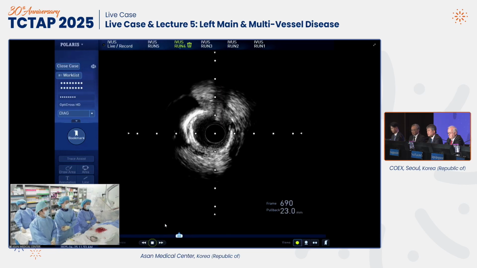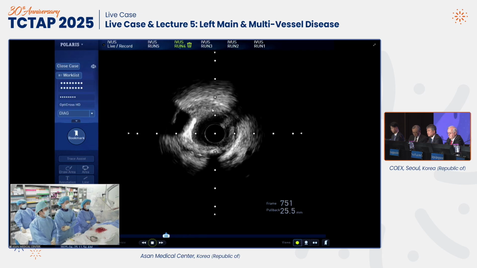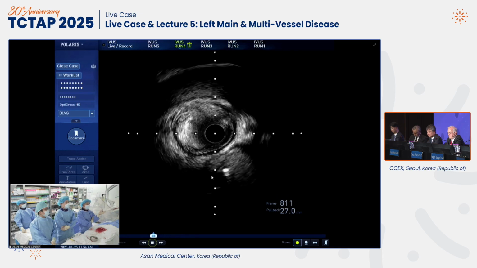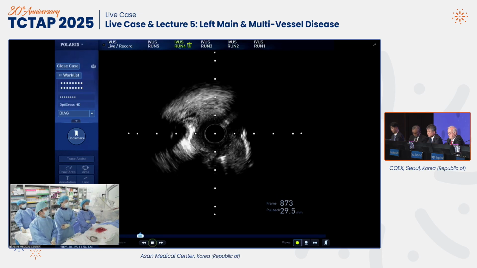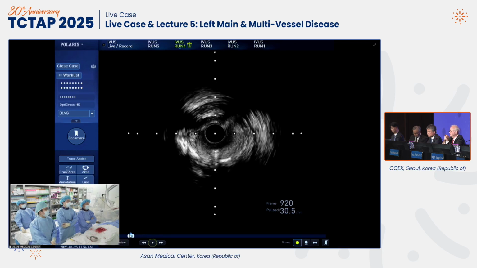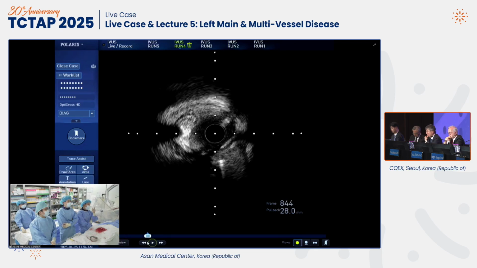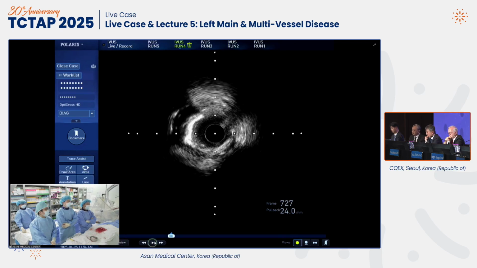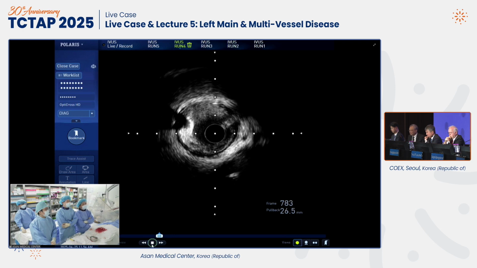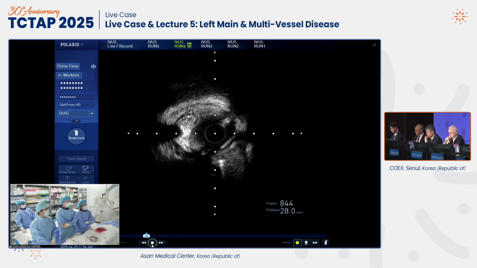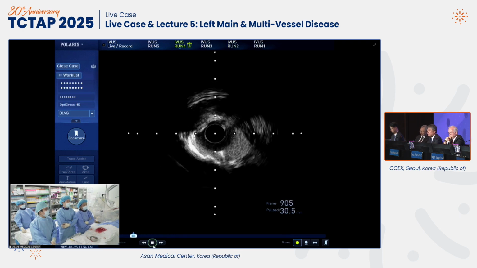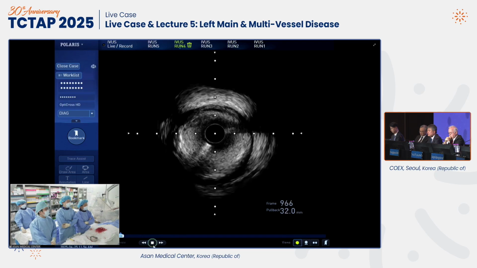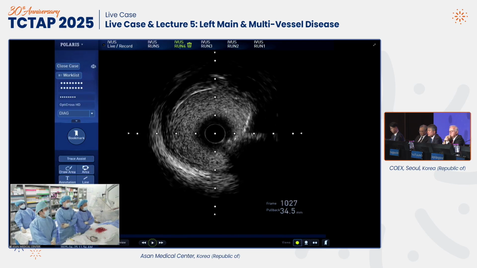And you can see the dissection at the 12 o'clock. The dissection is behind the calcium, and the dissection is at the LAD. So, yeah, but the flow is good.